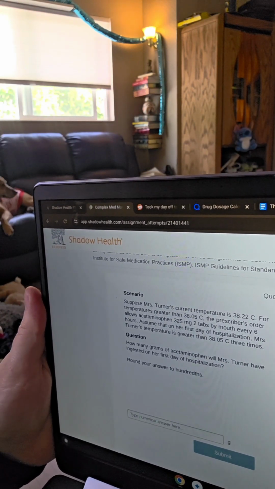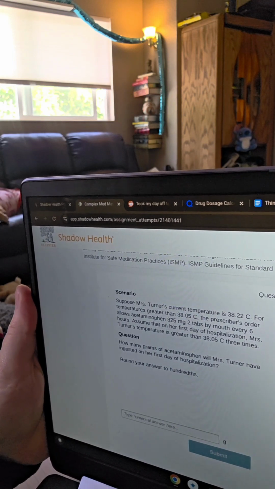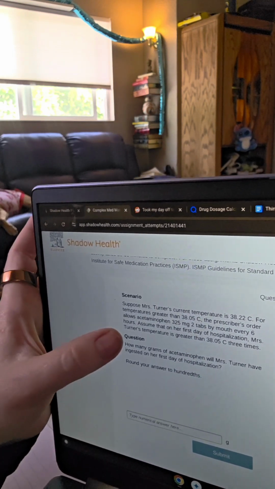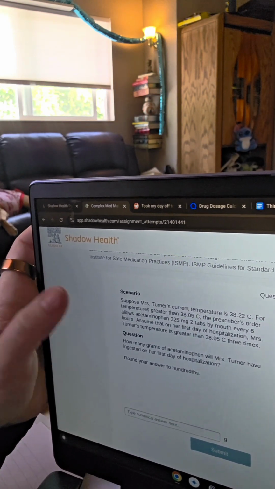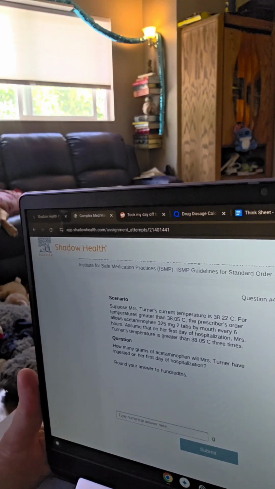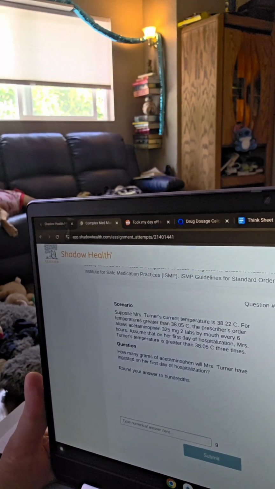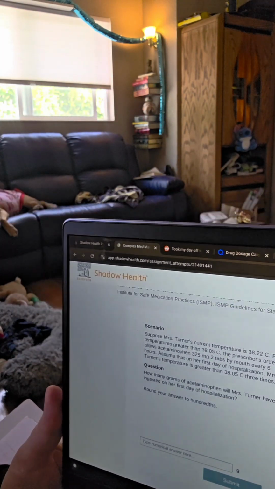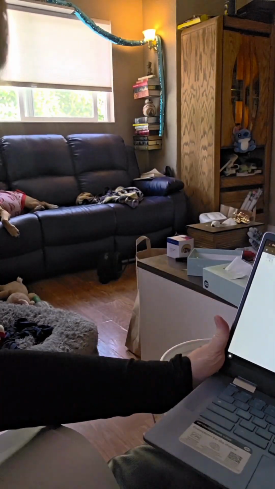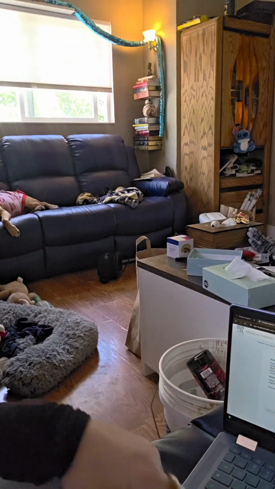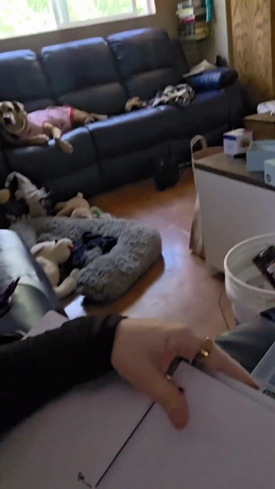So I guess the current temperature doesn't really matter. All we care about is that on the first day. They're asking how many grams of acetaminophen Ms. Turner will have ingested on her first day. Pay attention, that seems a little bit of a trick question.